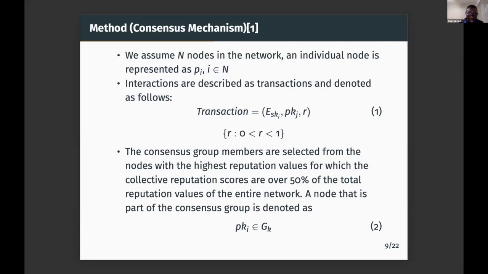We select the consensus group members from the nodes with the highest reputation values for which their collective reputation scores are over 50% of the total reputation values of the entire network.